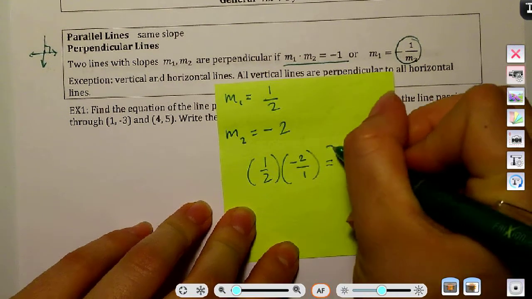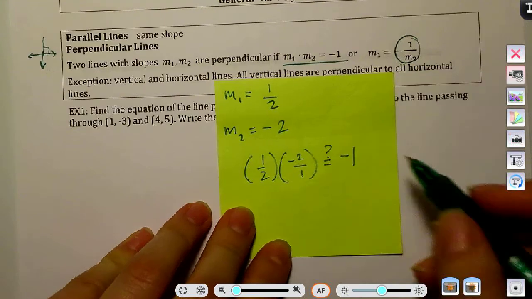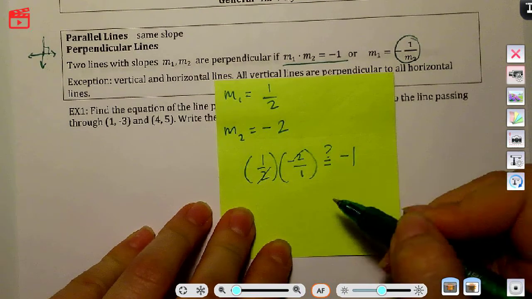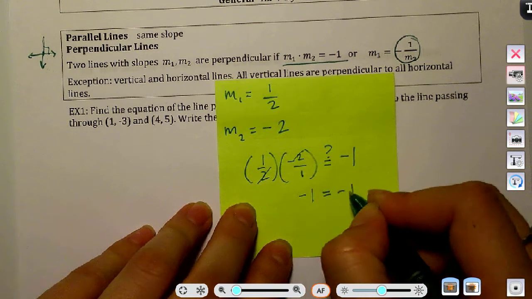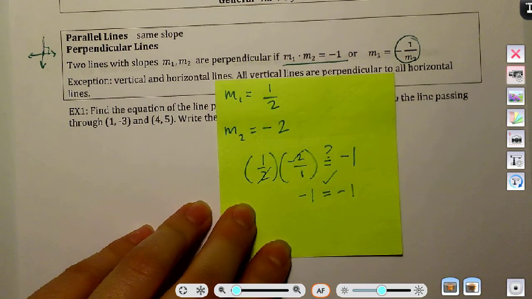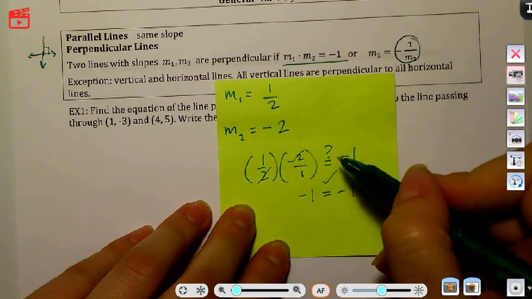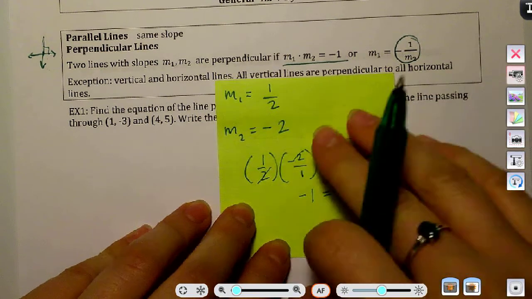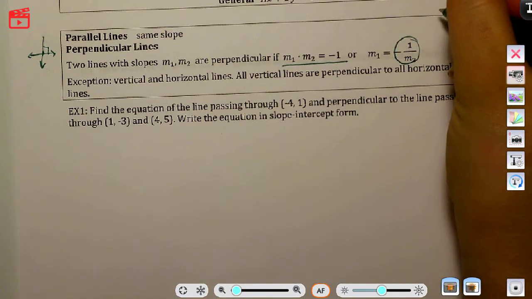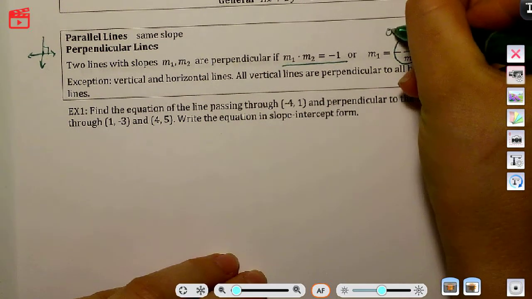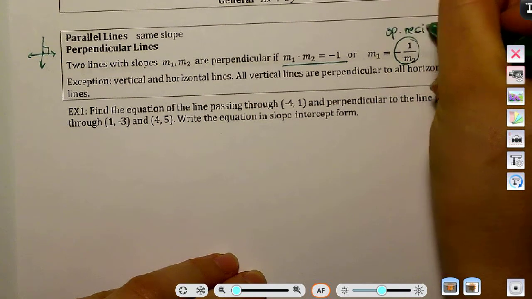Does that equal -1? Well, multiplying them, the 2's cancel each other out, and we're just left with that -1. So yeah, it does work. It checks out. They are indeed perpendicular, because when I multiply them together, I got the -1. So the best way to find the slope that's perpendicular is to use the opposite reciprocal.